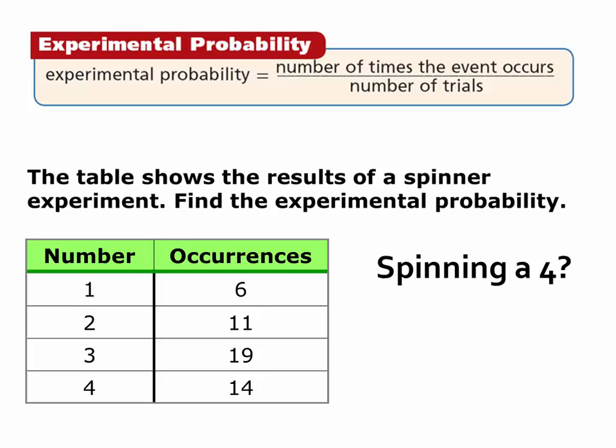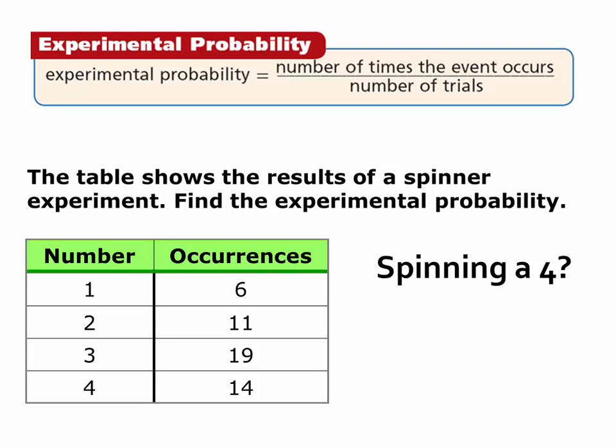No. What event do we want to occur? Okay, so how many times did they spin on 4? So that is over the total number. Okay, so I didn't actually put the answer on the slides. I left it out. Okay?